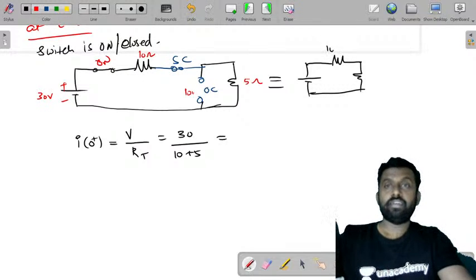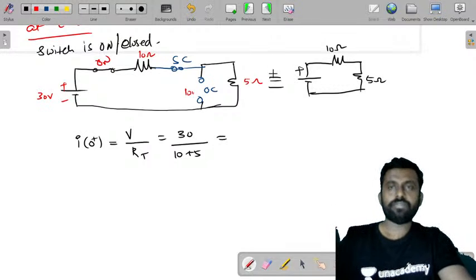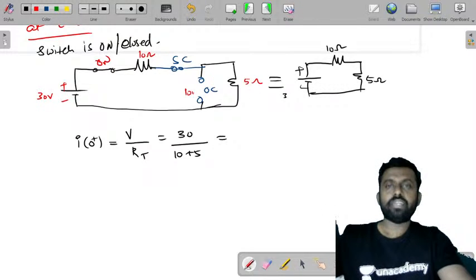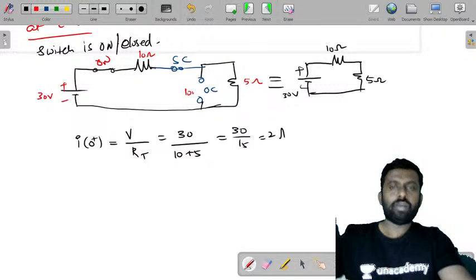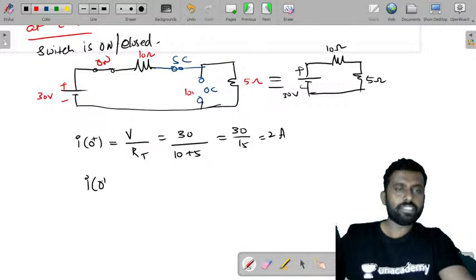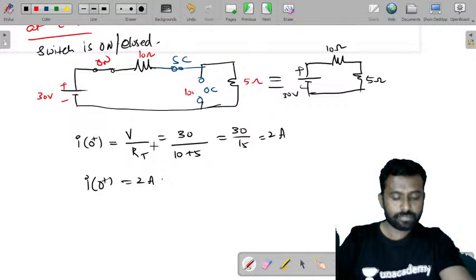So you'll get 10 ohms and 5 ohms, and this value is 30 volts. So 30 by 15 is 2 amperes. So I of 0 plus is equal to 2 amperes.